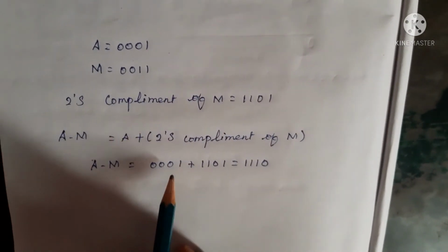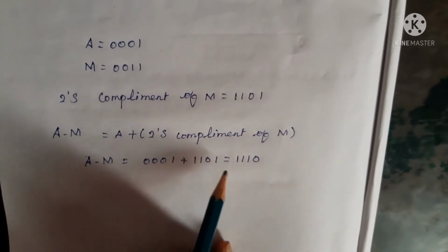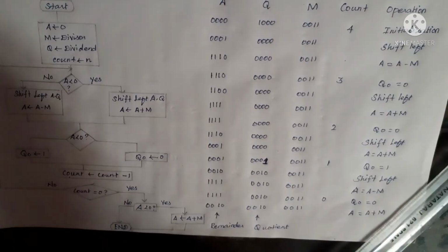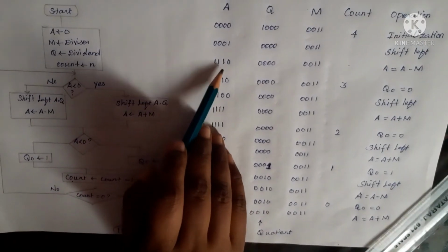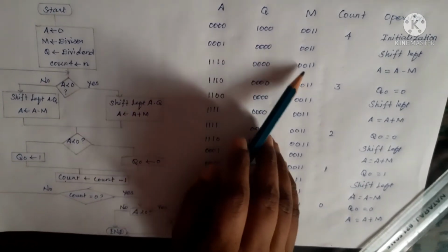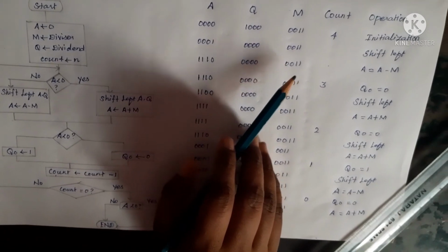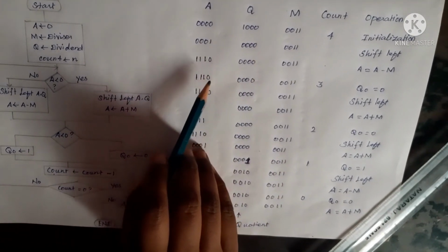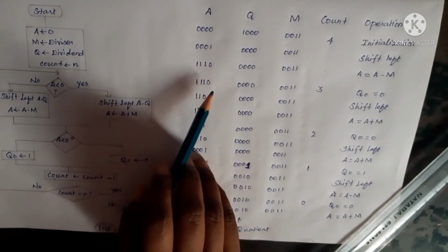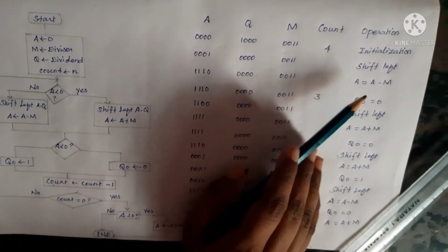So A, that is 0001, plus 1101 will give you 1110. Q remains as it is, M will remain as it is, only the value of A will change to 1110. So this is the A equal to A minus M operation.